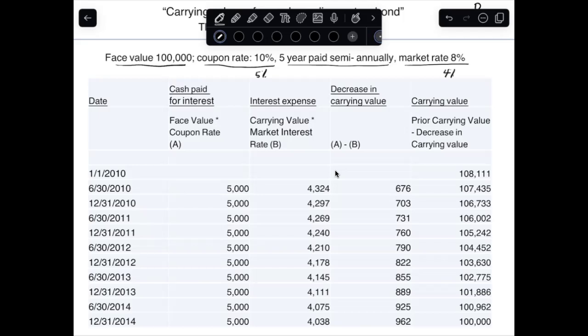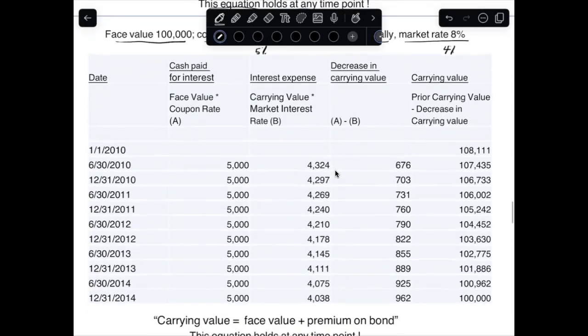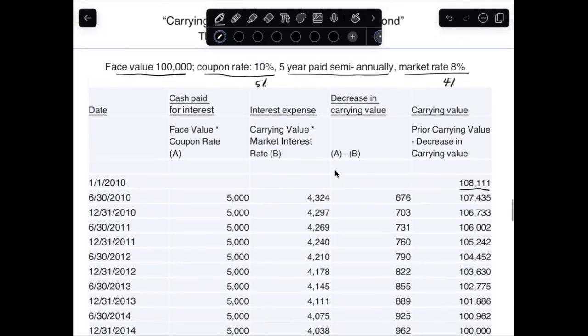So let's see what happened for the issue at premium. At that date, the price of the bond is 108,111. That's the amount of money the company gets in year 0. And let's see how much interest is generated for that bond. Use 108,111 times the market rate, 4%, equal to this number.